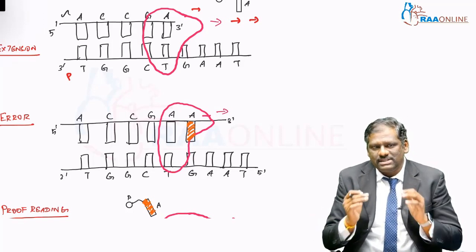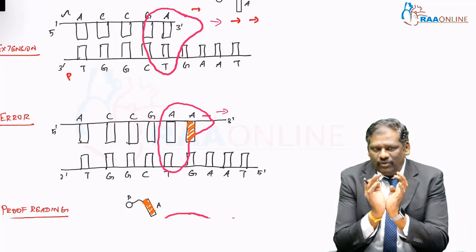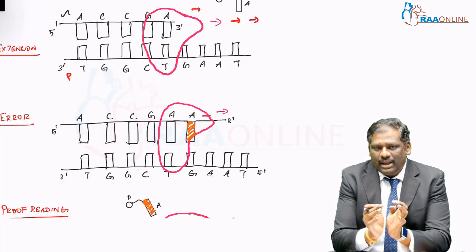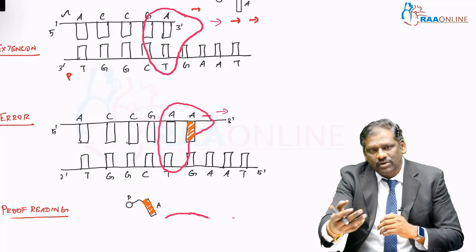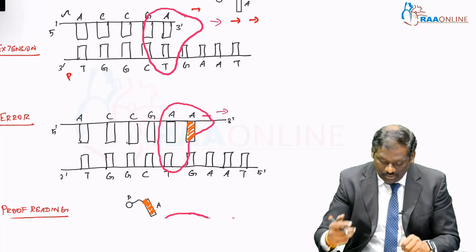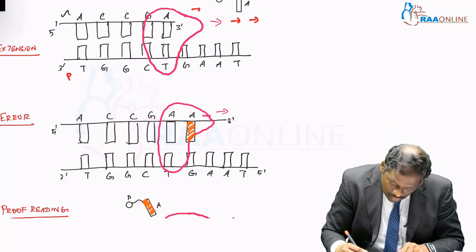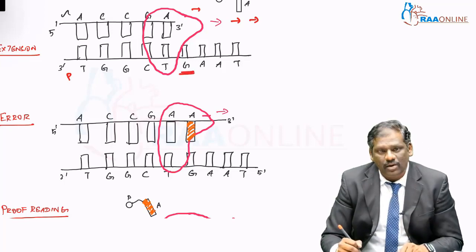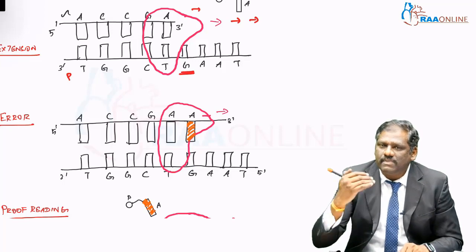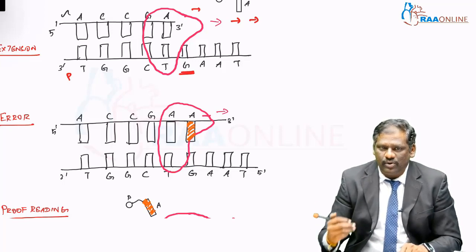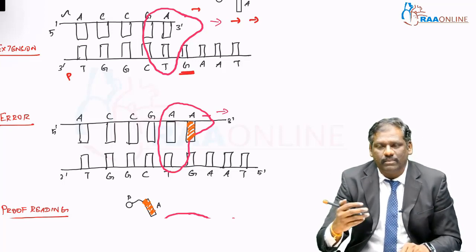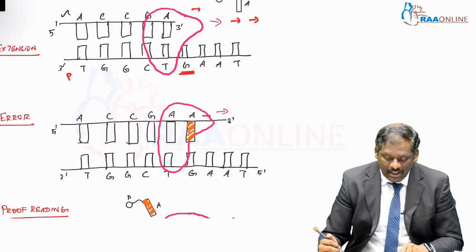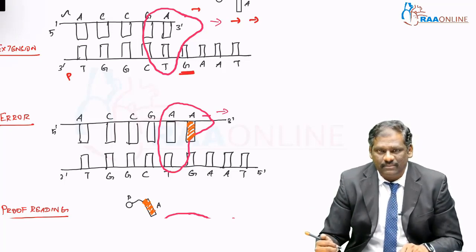So the DNA polymerase is actually moving in the forward direction, and it is constantly recruiting the deoxyribonucleotides. For example, here you have got G. Which purine or pyrimidine can base pair with G? C can base pair with G.